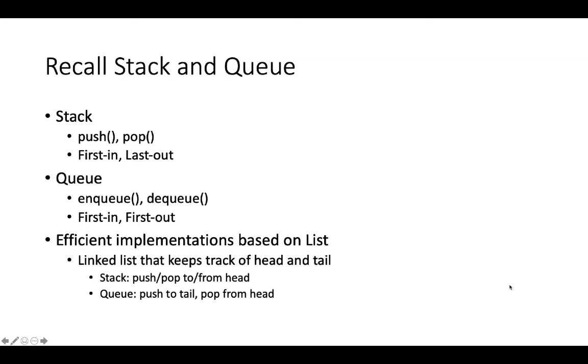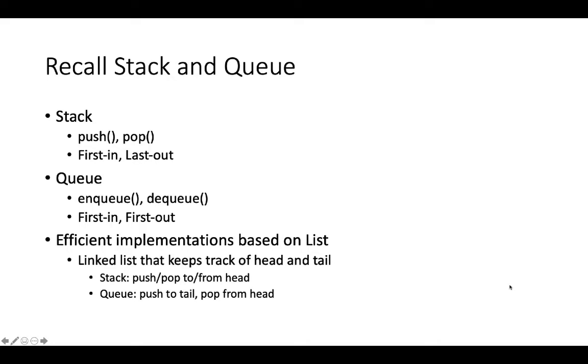And we saw that we could implement these particular kinds of queues very efficiently on lists, in particular by using a linked list. If we have a linked list which keeps track of both the head and the tail, so it's just as easy to add to either side, then you can implement stacks and queues very efficiently, because a stack is simply using a list to push and pop from the head of the linked list.